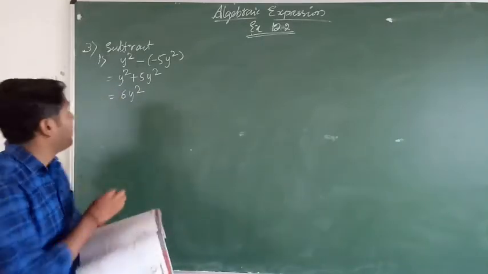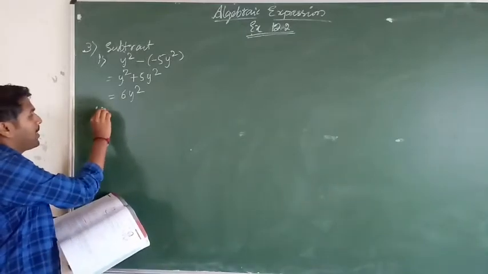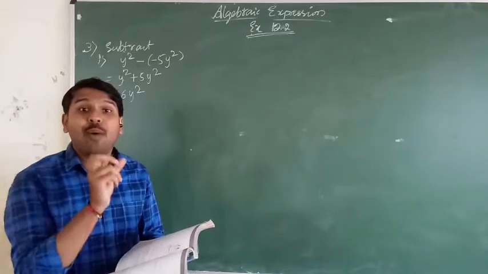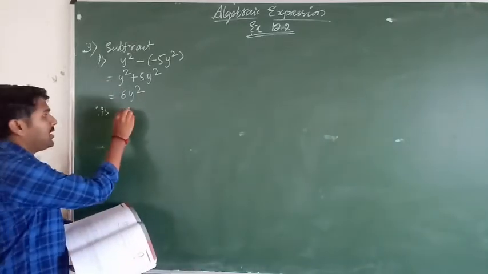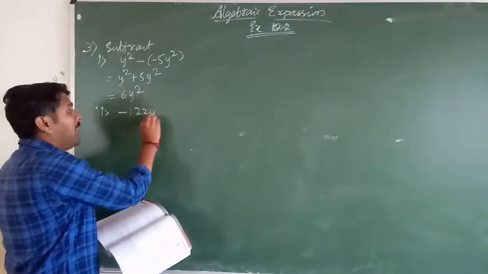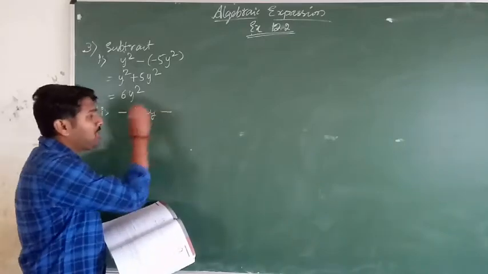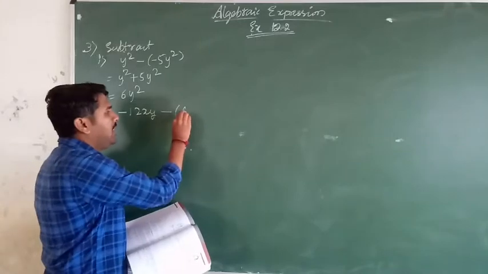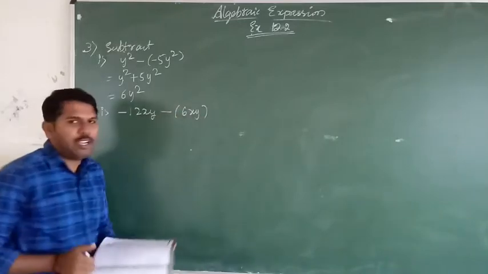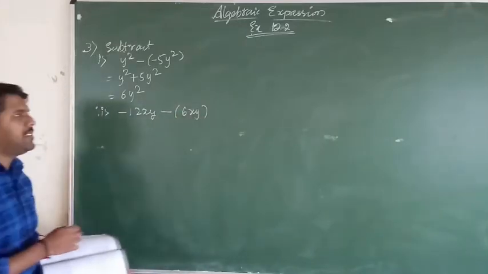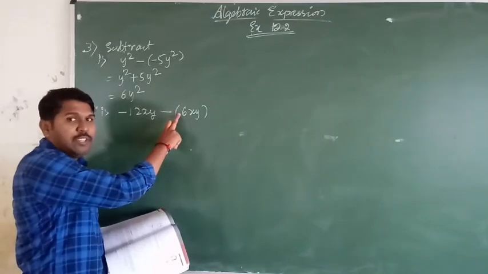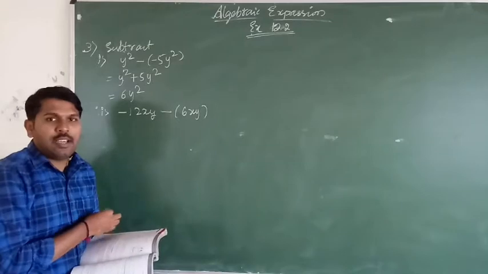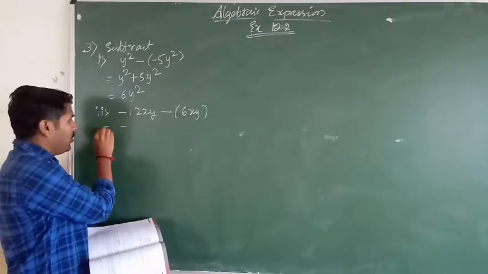So second one, 6xy from minus 12xy. From minus 12xy means the first term is minus 12xy and we have to subtract 6xy. So write it in brackets, otherwise you can directly write it. Here a plus sign is there, so minus into plus is minus.